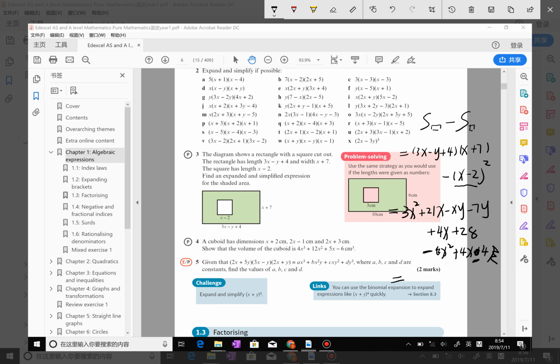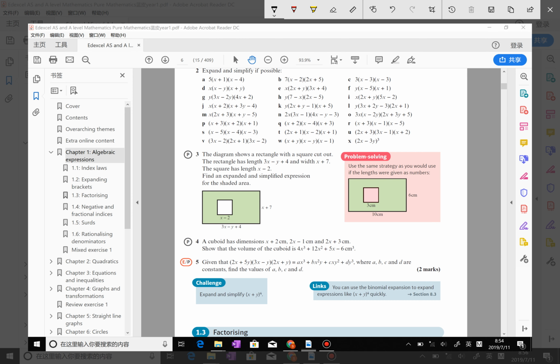So the final answer should be 2x squared, and then we have 4x plus 25x, so there should be 29x, and then minus xy minus 7y plus 24. So 28 minus 4 is 24. Okay, so this is the final answer.